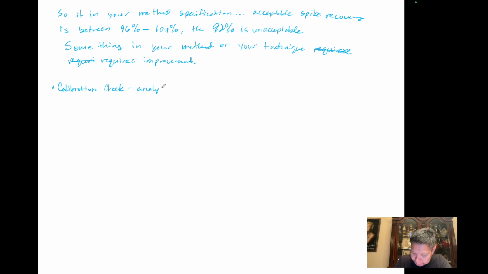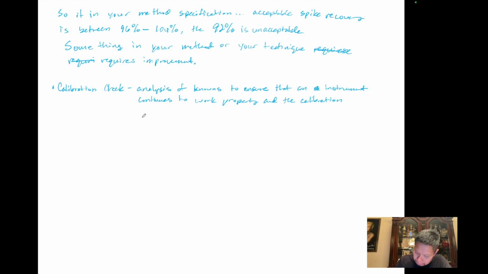And this is analysis of knowns to ensure that an instrument continues to work properly and the calibration remains valid.